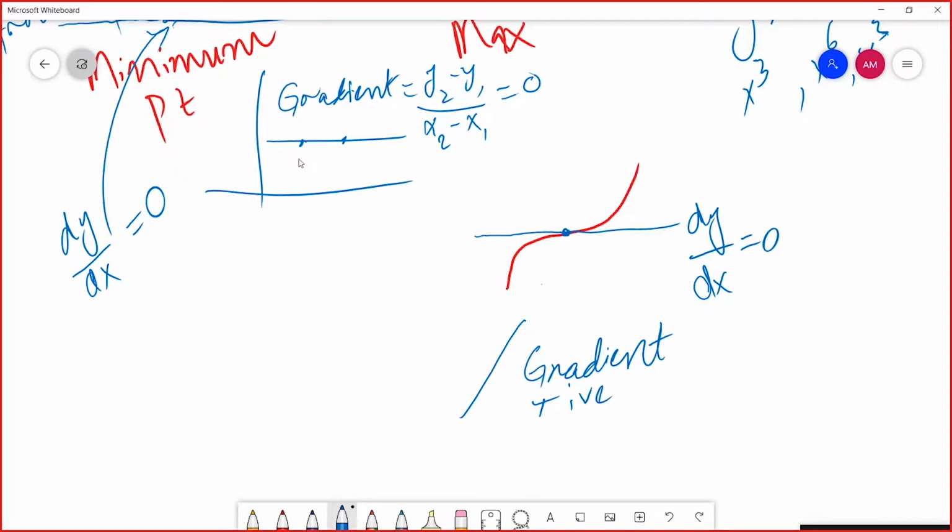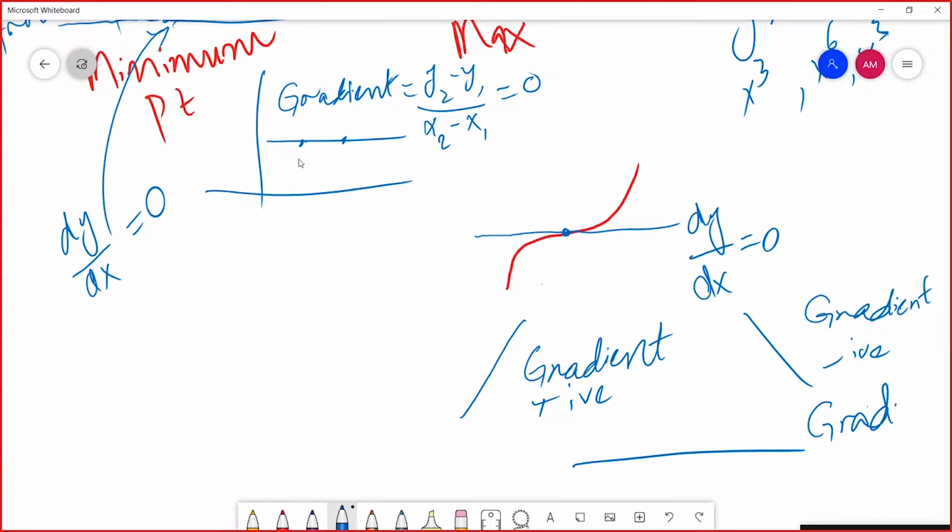If we have it like this, the gradient is negative. And what about if you have it like this, which is horizontal? The gradient is 0, because rise over run. Is it called 0 or is it called neutral?